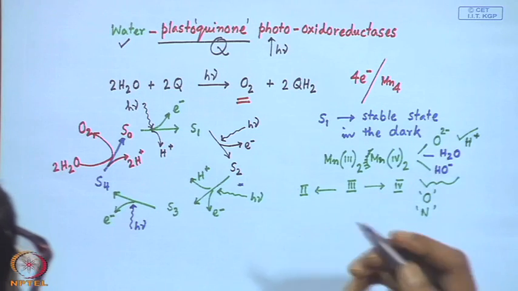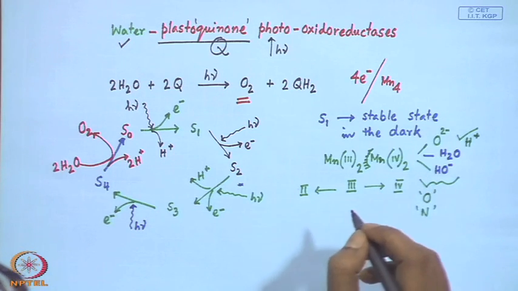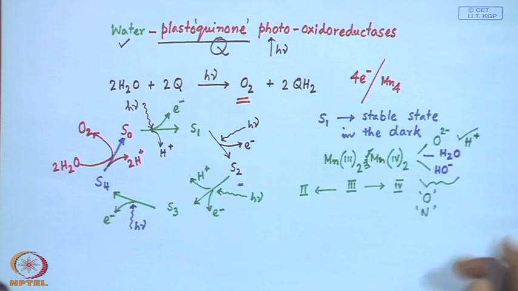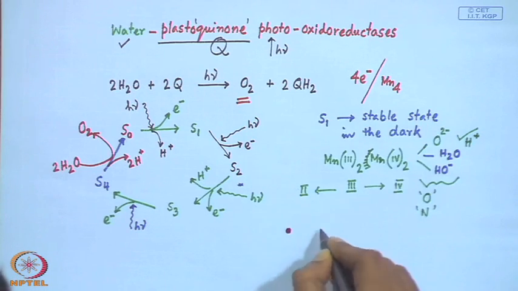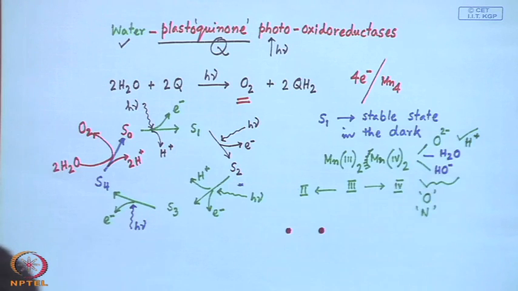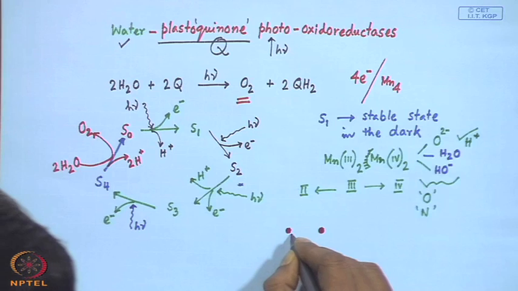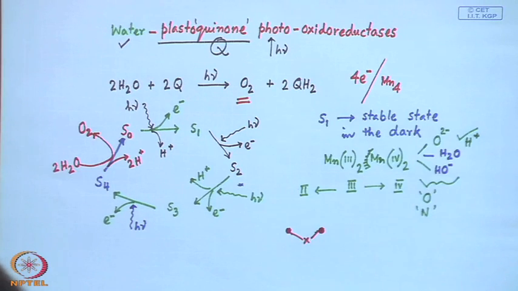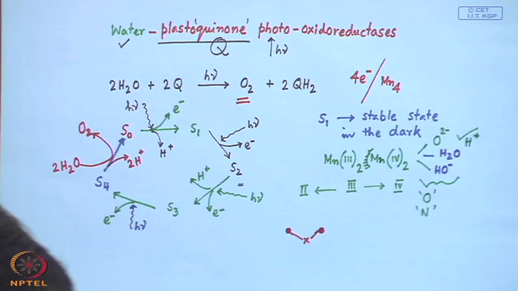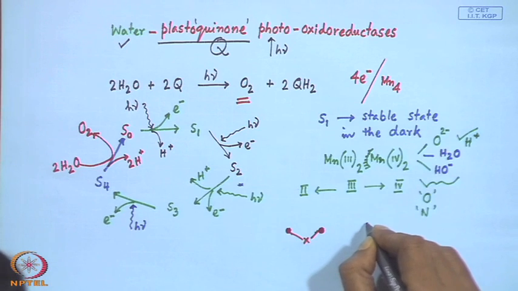So, the very basic assembly for this tetranuclear system: if you go from a mononuclear to a binuclear system, we all know you can have at least one connectivity to get a binuclear one.